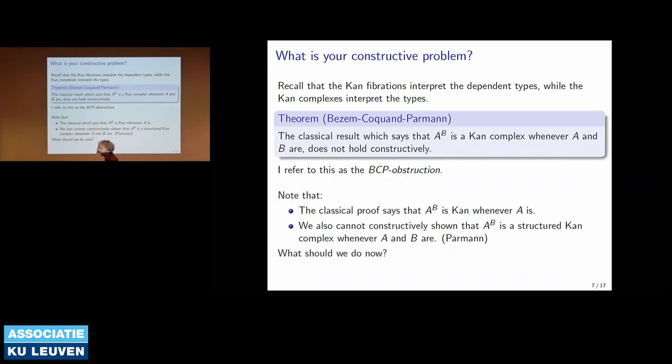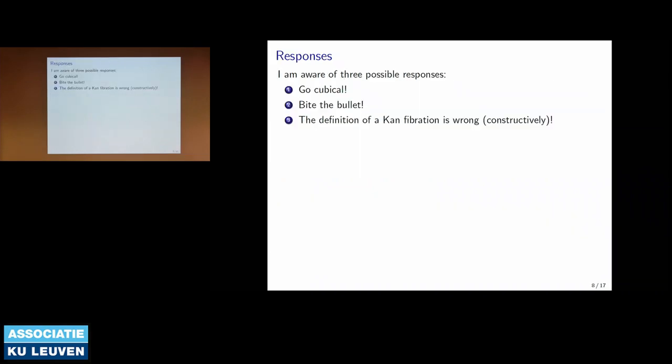So how do we respond to this BCP obstruction? I think there are three fundamental possible responses that you can find in the literature. One is to switch to cubical sets. The other is to just accept that this obstruction exists and continue.